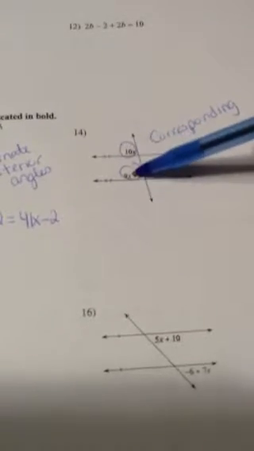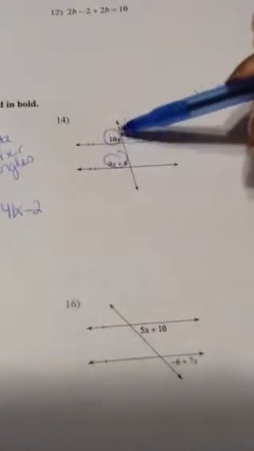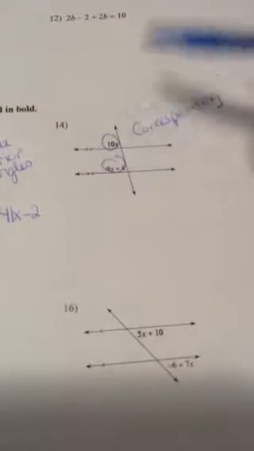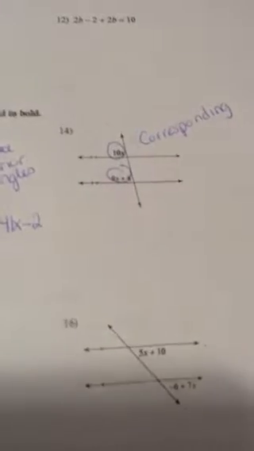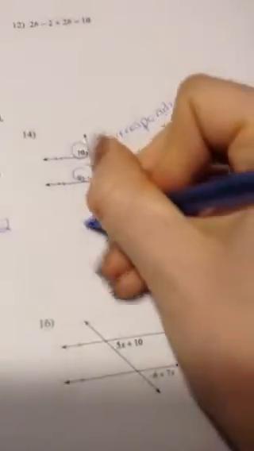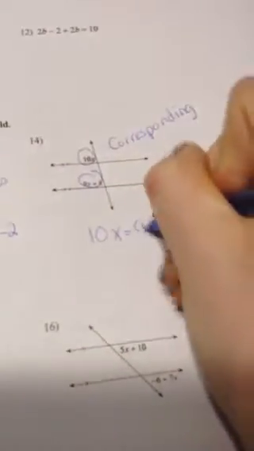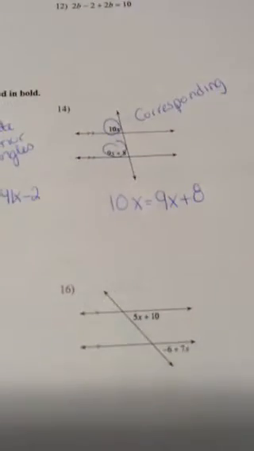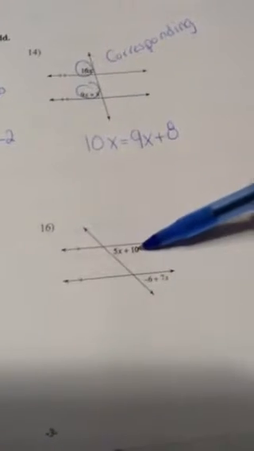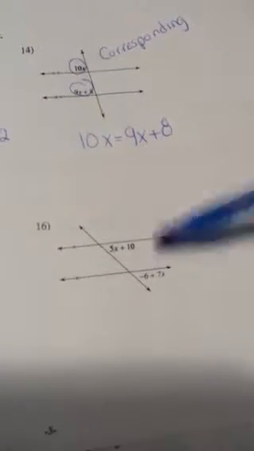Corresponding angles are like twins. So they're same side of the transversal, and they're both on top of a parallel line. They're just on different ones. So they're like twins, same position, so they're also equal. Number 16 as well, they're both on the same side of the transversal.